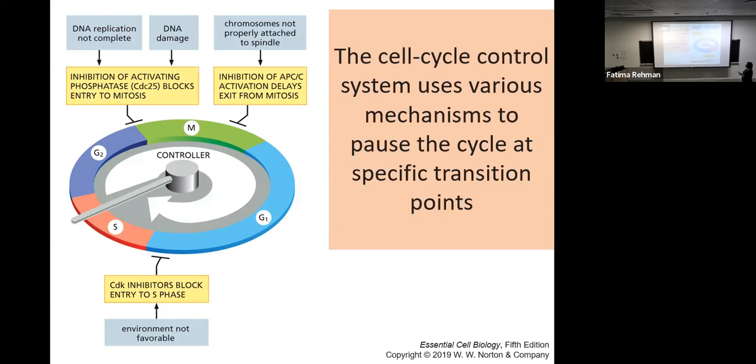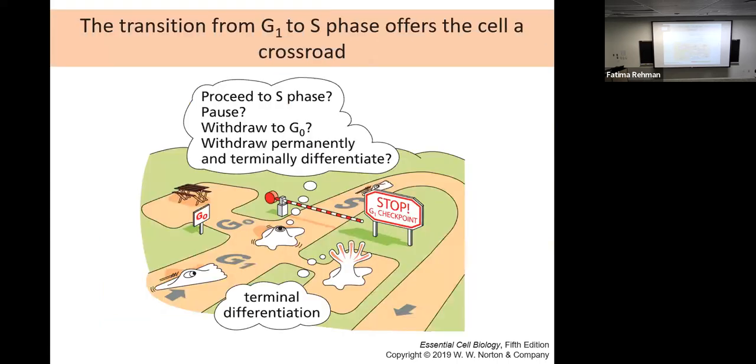Similarly, at the mitotic phase, remember the metaphase plate, where we looked at the chromosomes all lining up and that basket structure getting activated or inactivated? Well, that's done through APC/C complex activation that will delay the exit from mitosis if chromosomes are not lined up properly. So each one of those checkpoints is controlled by a checkpoint protein or a series of checkpoint proteins that will then control, upregulate or downregulate other inhibitory proteins to start that process or stop that process.